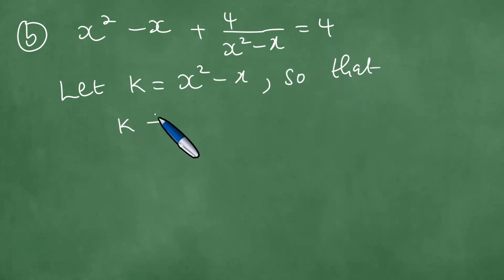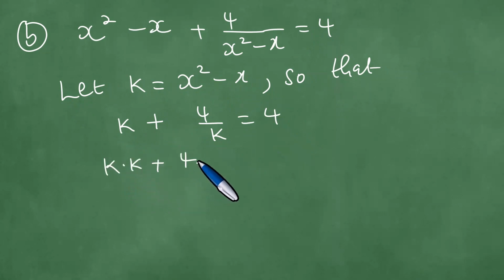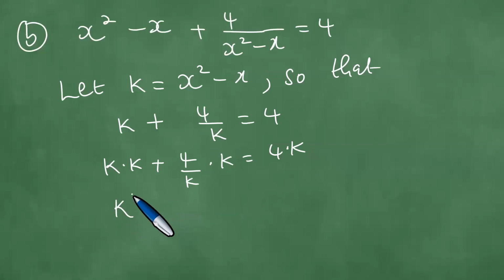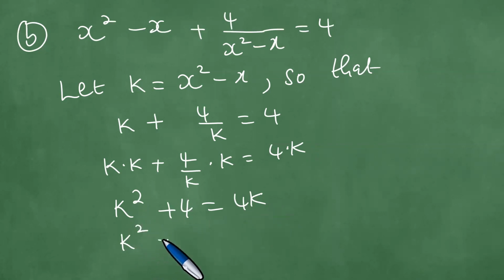So that we have exactly k plus 4 out of k equals 4, and we multiply each of the terms by k, like so. Right, multiply through by k, each of the terms by k, because k is the lowest common denominator, the LCD, getting k squared plus 4 equals 4k, and this is exactly k squared minus 4k plus 4 equals 0.